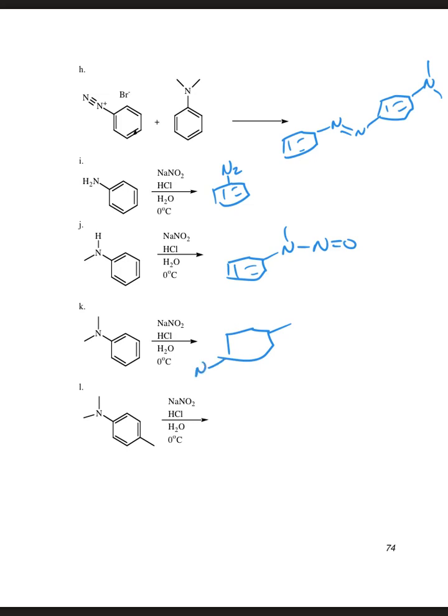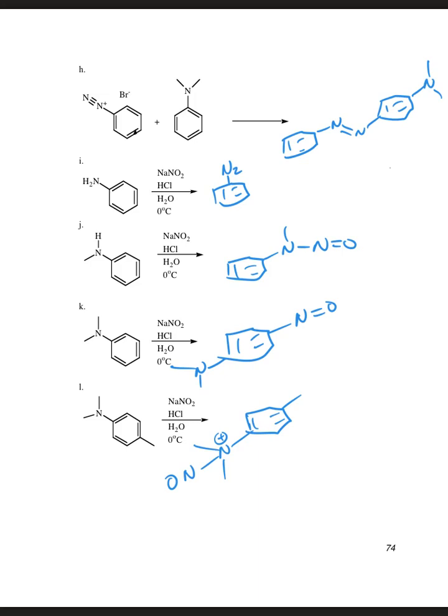If we have the para position open, we end up putting the NO on it if the nitrogen is a tertiary nitrogen. If the nitrogen is a tertiary nitrogen and the para position is blocked, all we can do is add it onto the nitrogen. You get the positive charge on it.